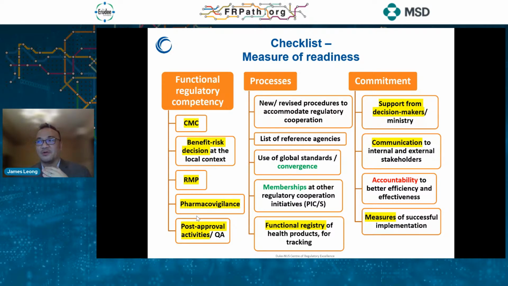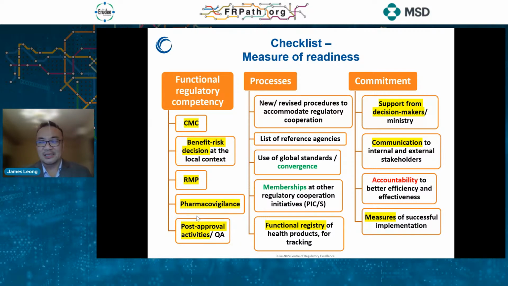Now, if we shift attention to the processes and the commitment, of course we'll be asking for new or revised processes to accommodate cooperation. On the list of reference agencies, I do know that quite a number of agencies have been asking us what the rationale is and how to choose reference agencies. This also becomes an issue of communication, I would say, when the industry asks why certain regulators were chosen as reference agencies and not others.